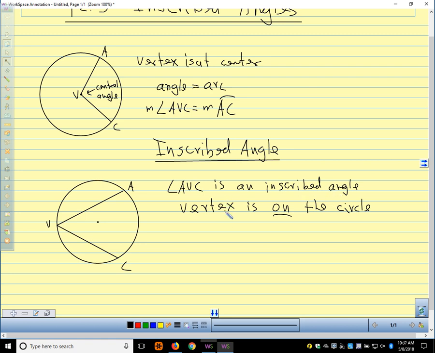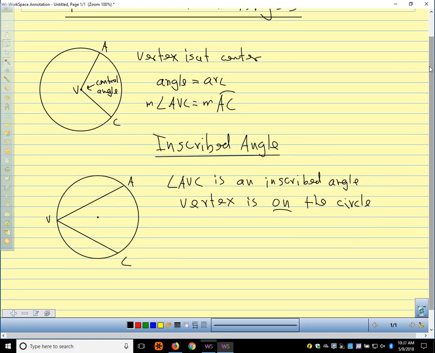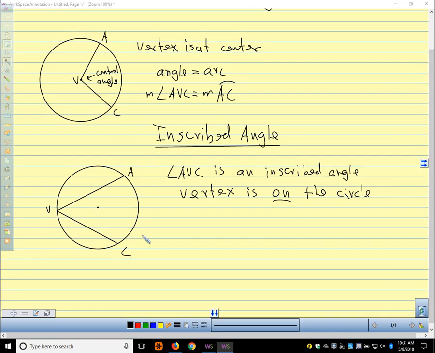And our theorem for inscribed angles, our book calls it the inscribed angle theorem, but that's fine. I'm just going to talk about how the angle and the arc are related. We call this the intercepted arc. So we have an inscribed angle and we have an intercepted arc.